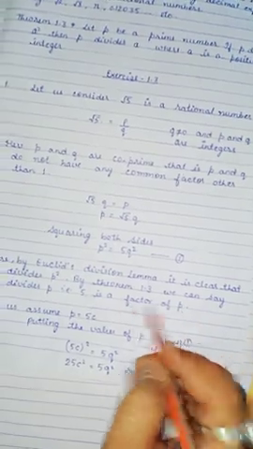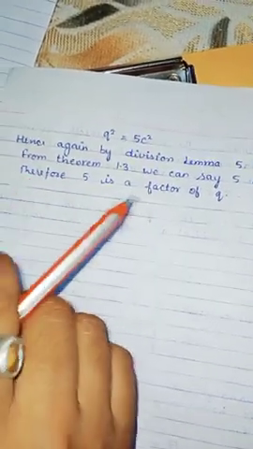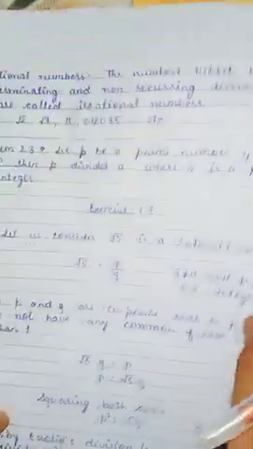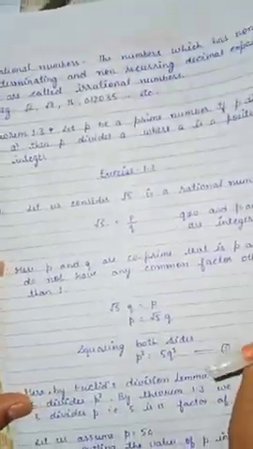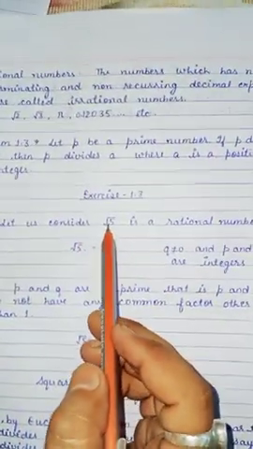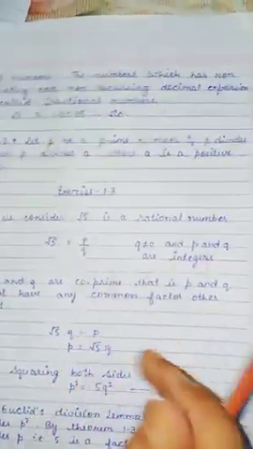But here we can see that both of them, P and Q, are containing another factor 5. That means our assumption, what we have assumed in the starting, was wrong. Because of that a contradiction arises. Okay, so what was our assumption? Our assumption was that root 5 is a rational number, so it is false, it is wrong. So that means root 5 is an irrational number.